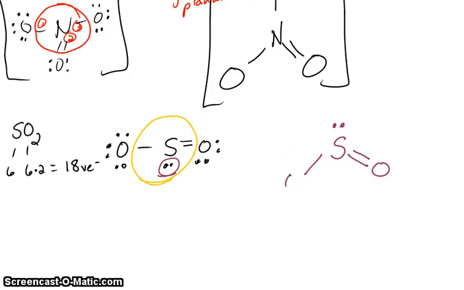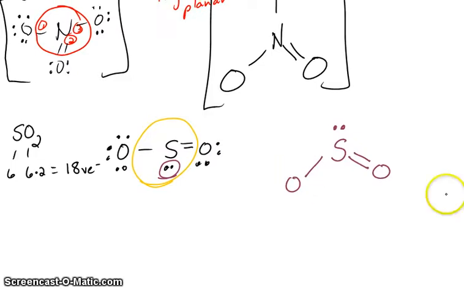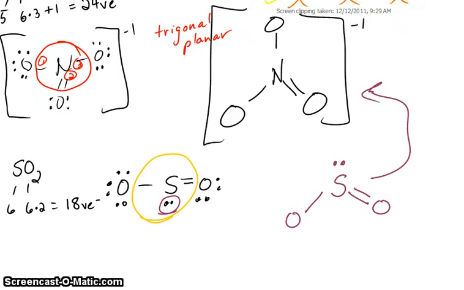You should see, boys, girls, men, and women, that looks a lot like our trigonal planar shape we just did. The only difference is we took off that top oxygen and replaced it with a lone pair. That lone pair still pushes on the electron clouds of these outer atoms, and so still everyone's trying to get as far apart from each other as possible because electrons are negative and negative repels negative.